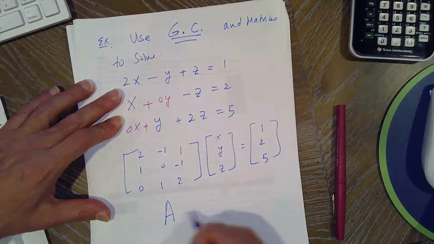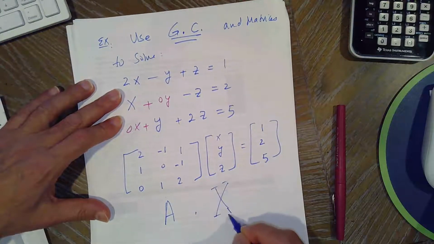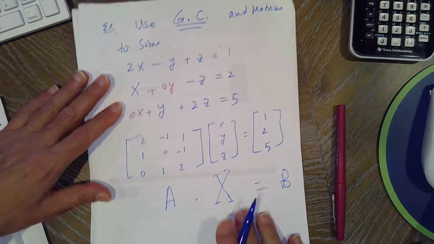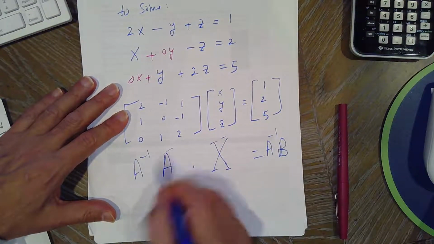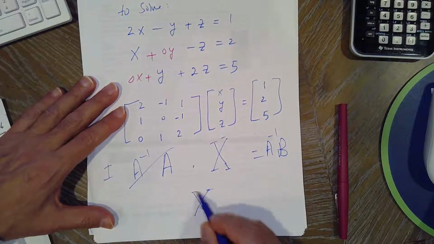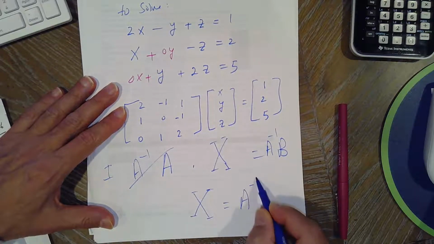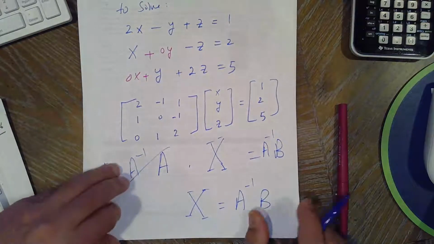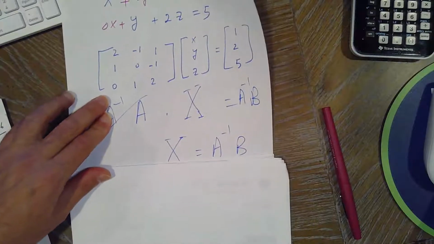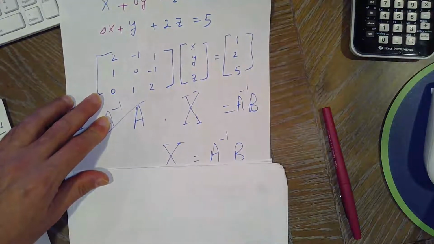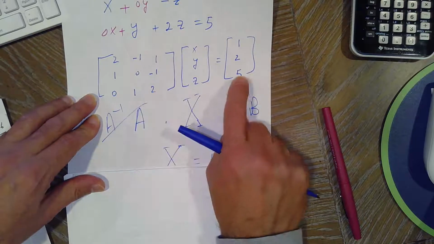So A times X equals B. To solve it, remember, we multiply by A inverse from the left. That's going to give the identity, so X equals A inverse times B. So in order to find x, y, and z, we want to find the inverse of the coefficient matrix times matrix B.